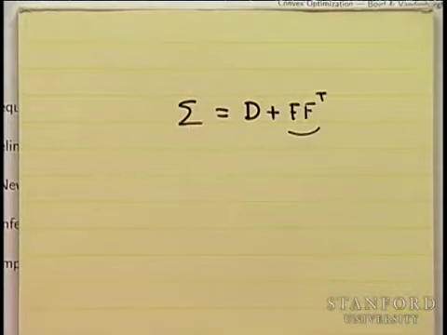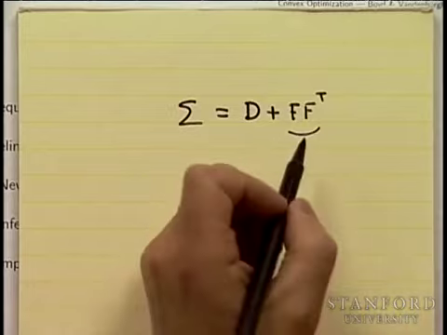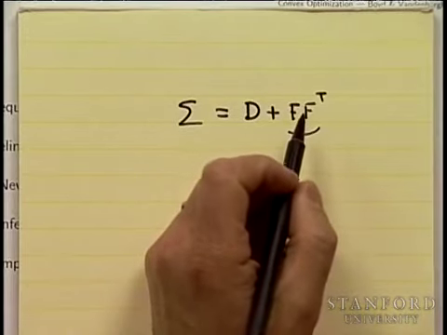That'd be a perfect example, and models like this are extremely common there. One factor would be the whole market. Another factor would be some sector. There might be like 5 of them. The diagonal here, if this is a returns covariance matrix, is interpreted as the firm-specific variances, and they're independent.